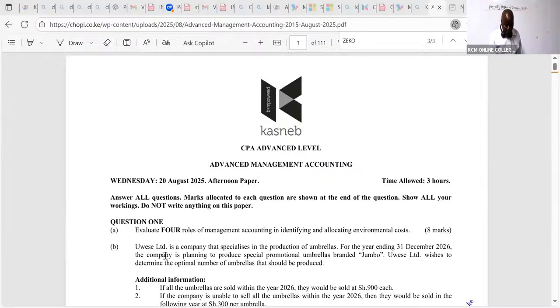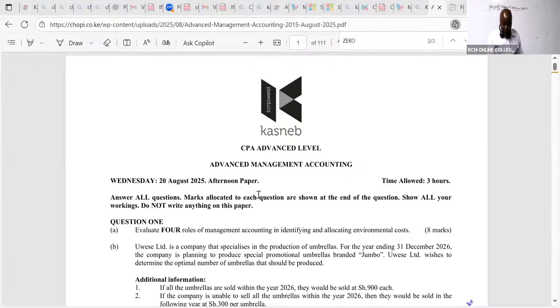So payoff tables and decision trees. August 2025, question number 1. Have you gotten the question already? This was a very easy question. Those guys who are discussing LM, focus here.